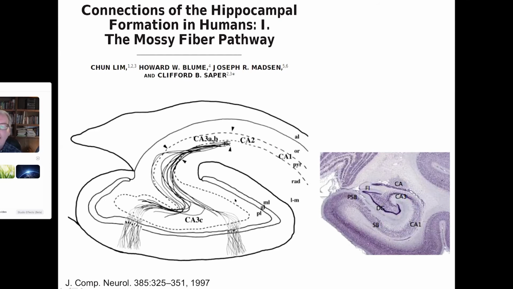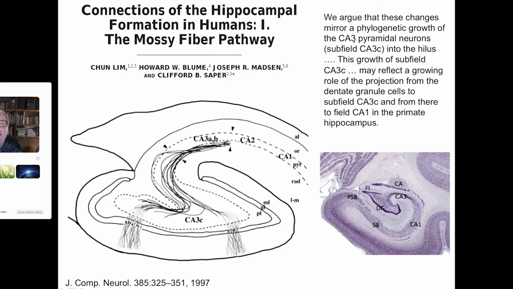According to Saper here, they argue that these changes mirror a phylogenetic growth of the CA3 pyramidal neurons, subfield CA3, into the hilus. The growth of this subfield may reflect a growing role of the projection from the granule cells to the subfield CA3C, and from there to field CA1, in the primate hippocampus.